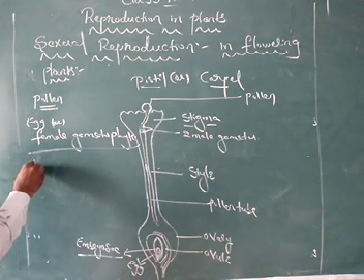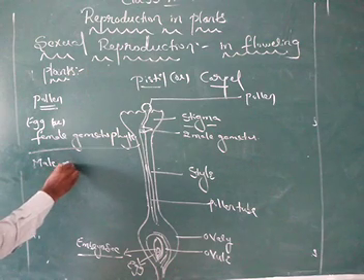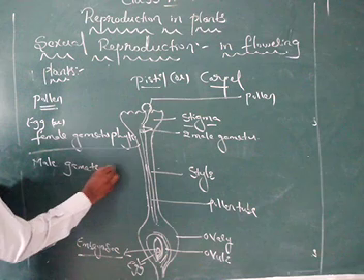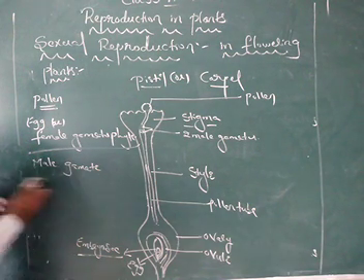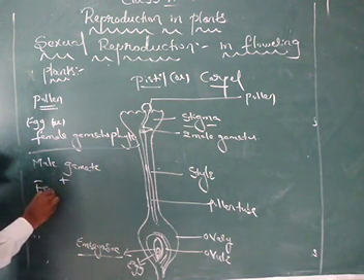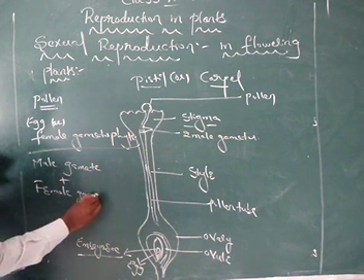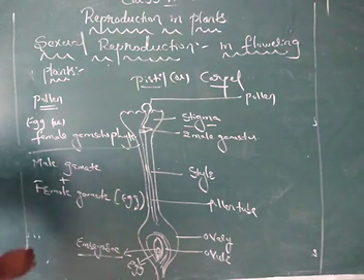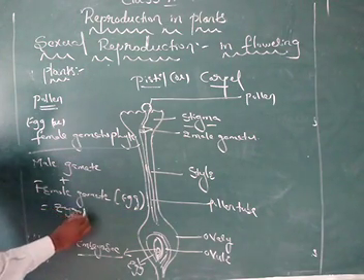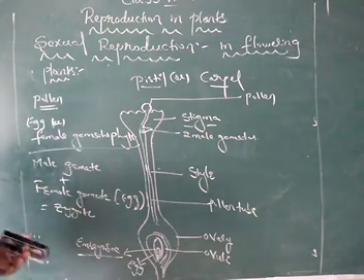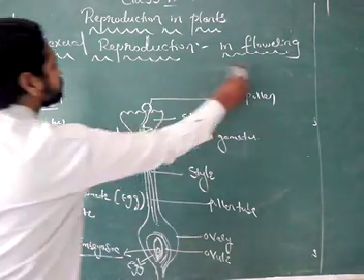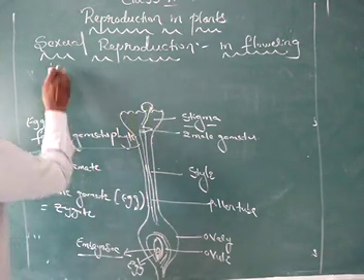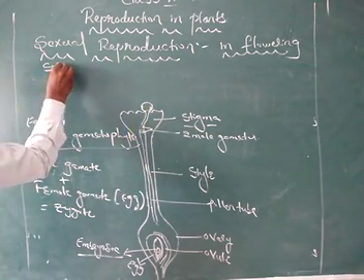Now the male gamete fuses with the female gamete, which is called the egg, to form the zygote. This process is called syngamy.